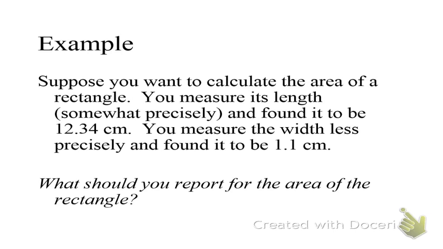Okay, so the uncertainty, though, begins right here in the 12.34 centimeters. The uncertainty begins here in the 1.1 centimeters. Before I go on to show you how the uncertainty propagates through, can you see where, or here, just hold up your fingers, sig figs.